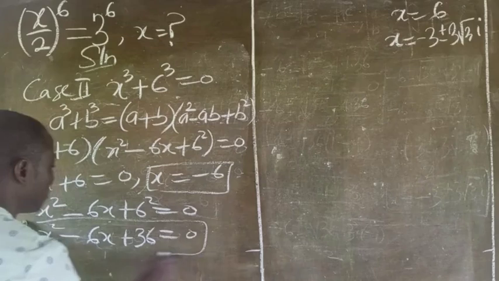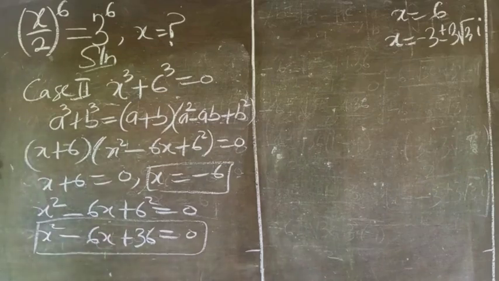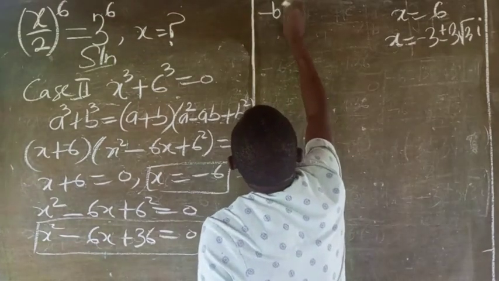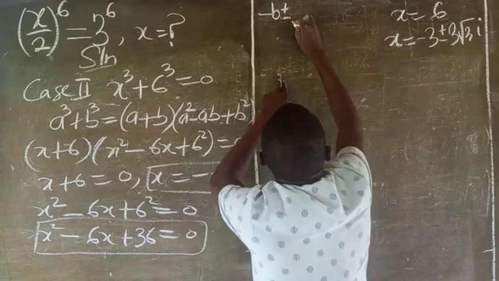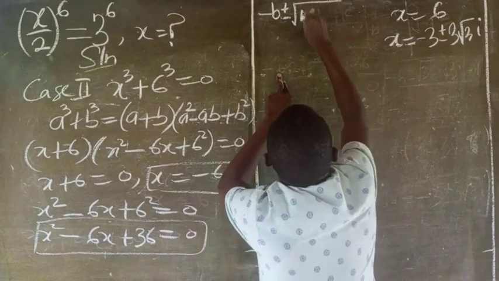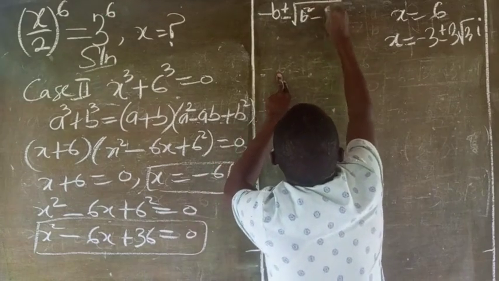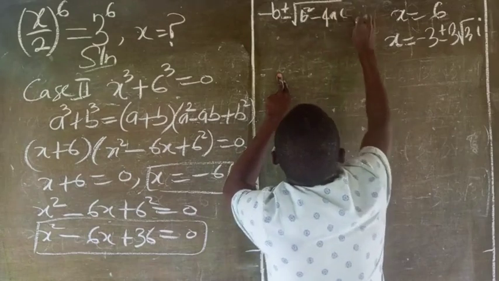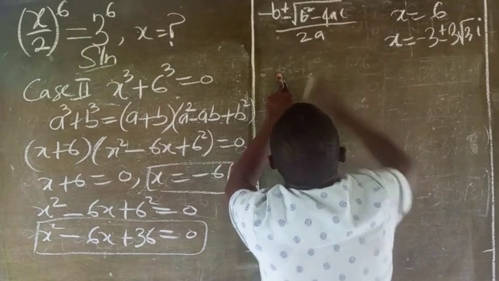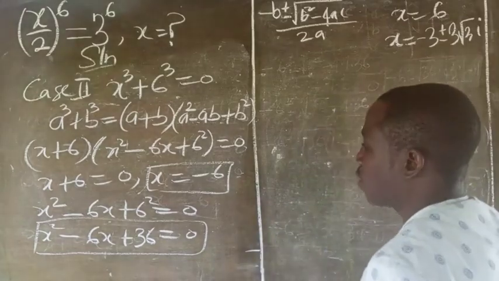We're going to solve this using the formula like we did previously so that we can derive our answer for s. So if we employ minus b plus or minus square root of b squared minus 4ac all over 2a, it will be easy for us to go about.